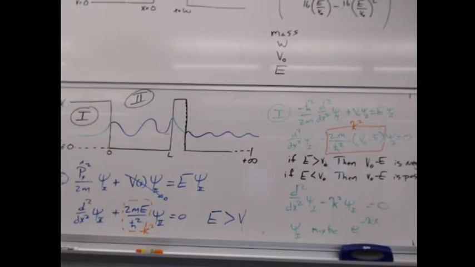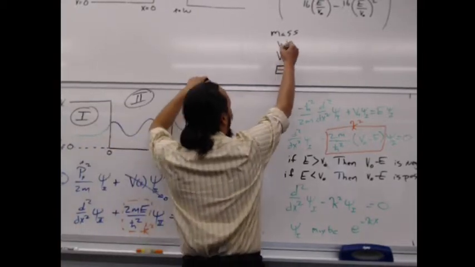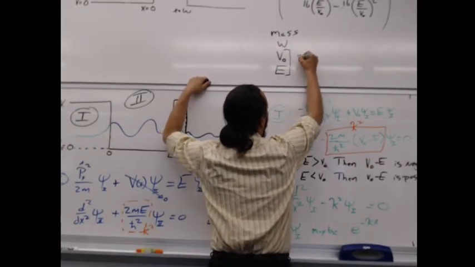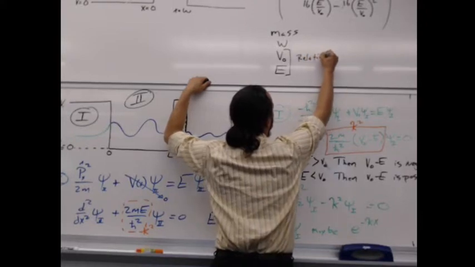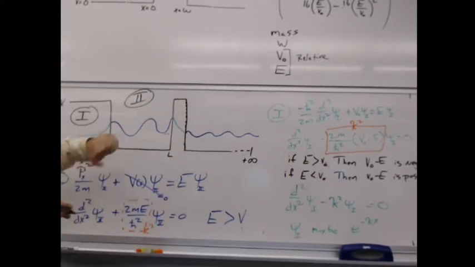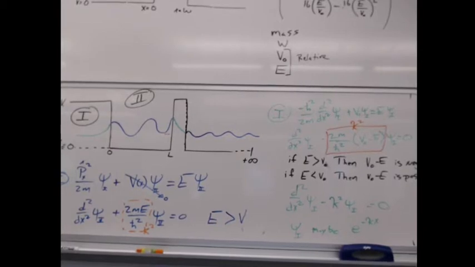Again, I really want to look at these two relative to each other. I want to see how that fraction E over V0 and that subtraction V0 minus E change and how they affect it.